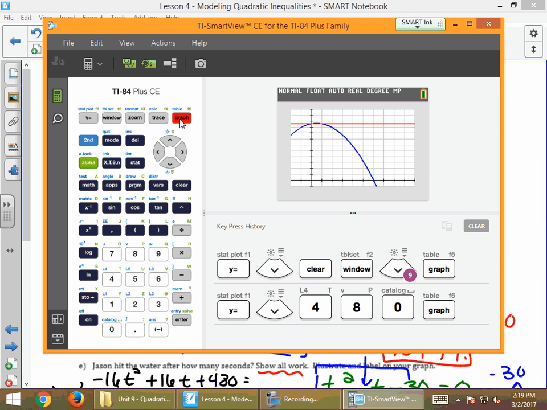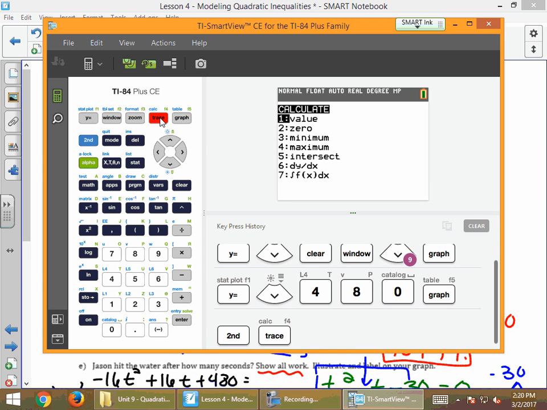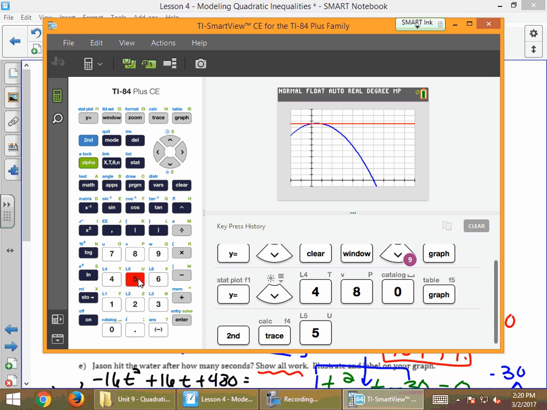Now we have to find the intersection points. Well, we use that intersect tool in our calculator. So we're going to hit second, calc, or trace, and then 5. It's really nice because we already know where this first intersection point is. You said it's 0. So we just have to look at the other one.